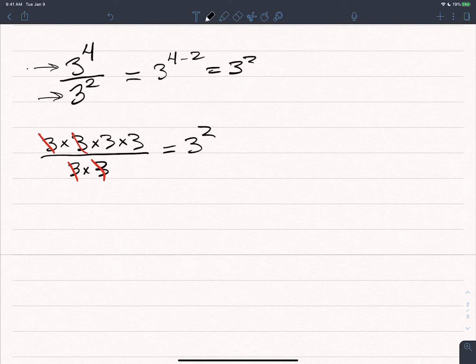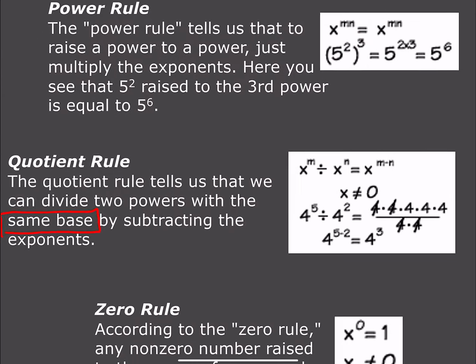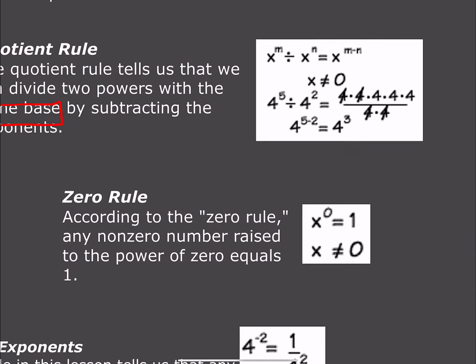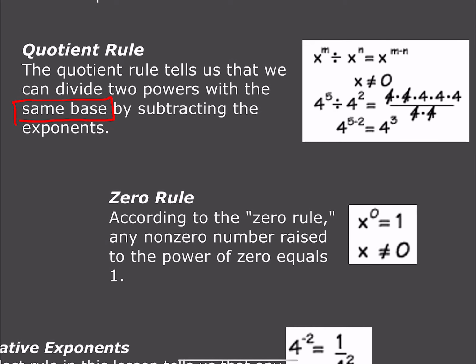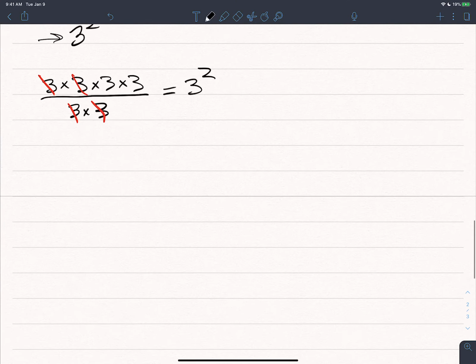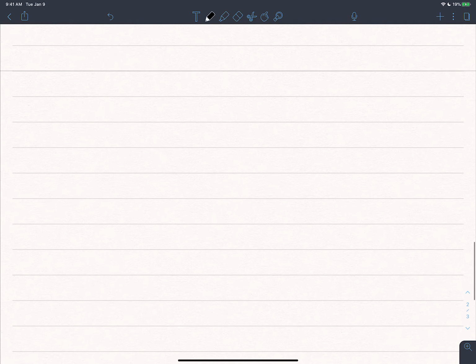Now the quotient rule gives us two interesting situations. The first leads us to an understanding of the zero rule. Let's say we had 3 squared divided by 3 squared.